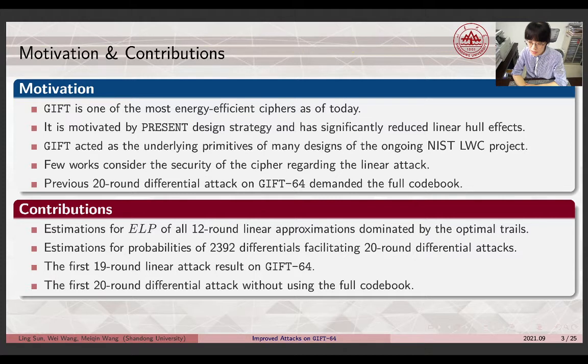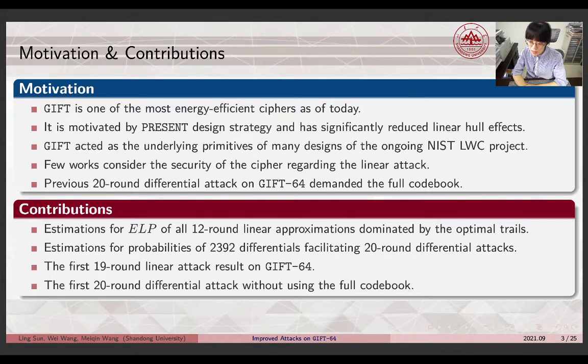Moreover, it has a significantly reduced linear hull effect. For the good performance in hardware and software implementations, GIFT acted as the underlying primitive of many lightweight designs of the ongoing NIST lightweight cryptography standardization project.